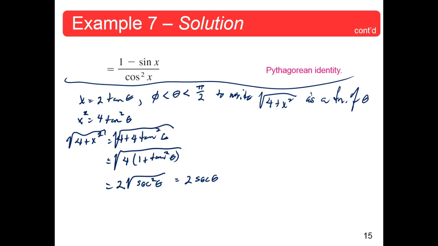Otherwise you might have to put a plus or minus, you have two possibilities. So let's just leave it. See how that works? That is now a function of theta. All right. Now, why did they show us that? You're going to continue into calculus, right?